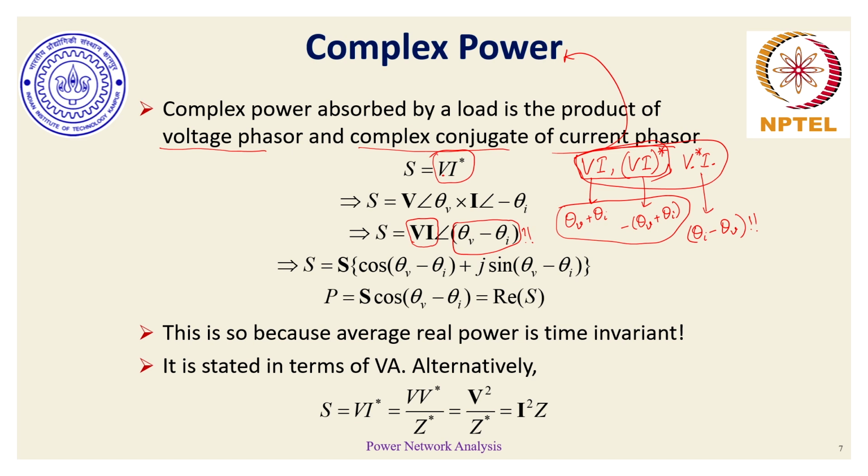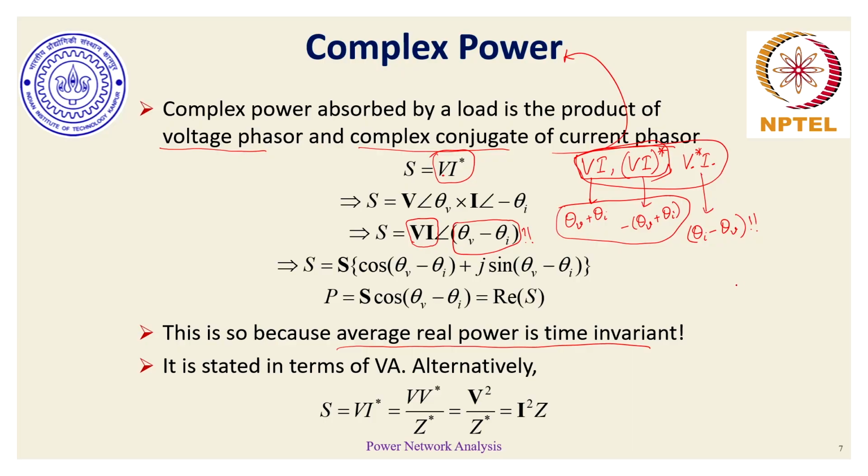Now why is that? The reason is, for a given element which can be a pure resistor or a combination of inductive and capacitive elements, the average power is always time invariant. Let's talk about an example. Suppose I have a 25 watt incandescent bulb which is supposed to operate at 230 volts, and the desired frequency of this voltage is 50 hertz.